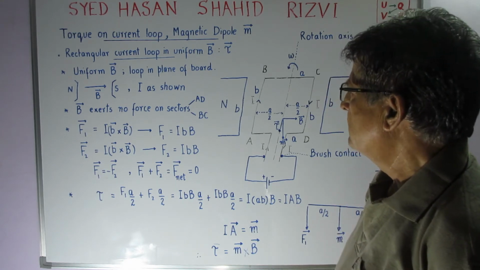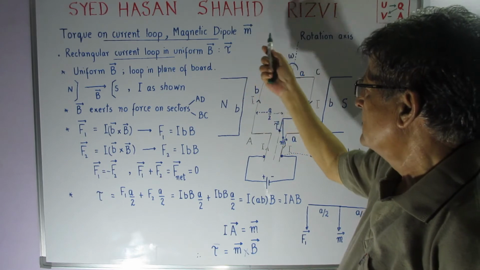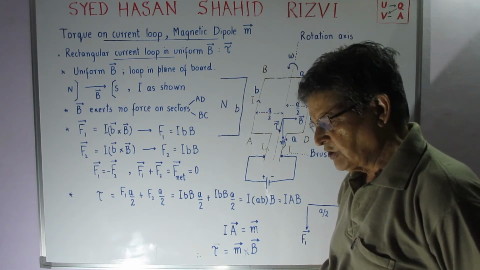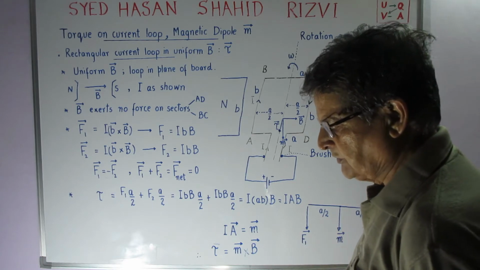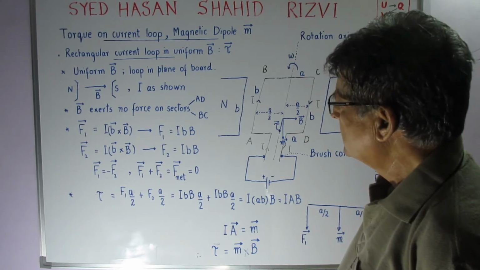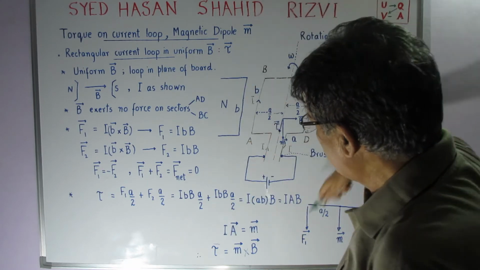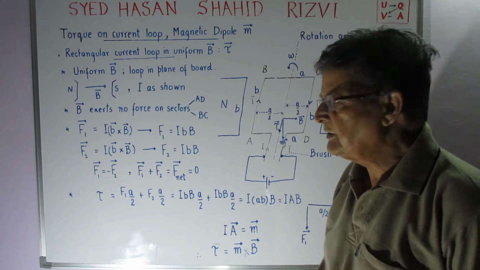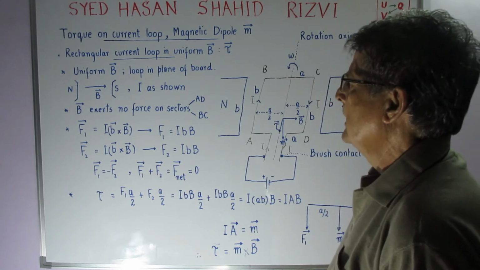And here we will find that the magnetic dipole moment of a loop, whatever shape, not necessarily rectangular, is given by the current flowing through it multiplied by the area of the loop. We will see in due course of time.